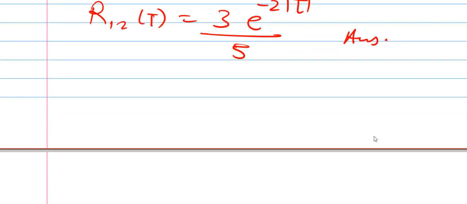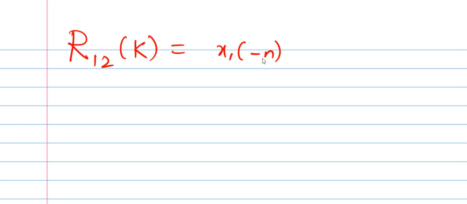Now we will determine cross correlation for discrete sequence. It is again very easy. Cross correlation is given by, for discrete sequence, x1 minus n convolution x2n. So this is very important. x1 we have to fold, x2 we have to keep as it is, and we have to take the convolution.